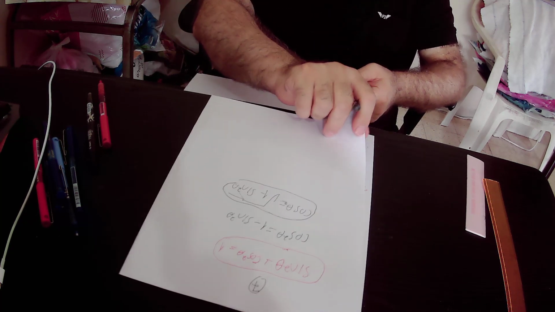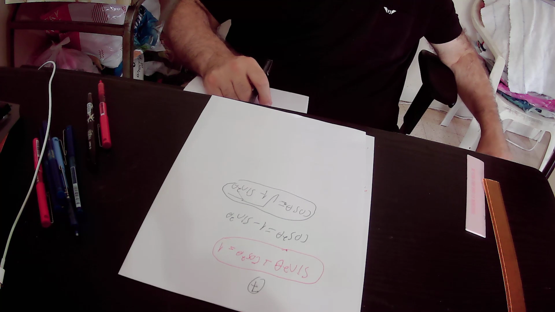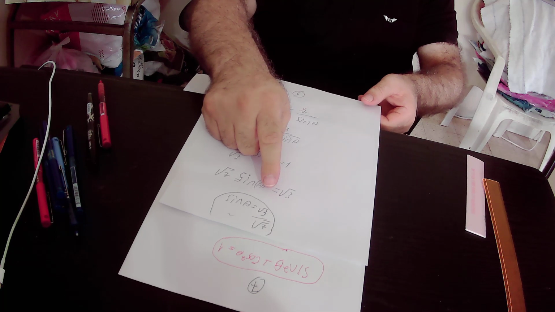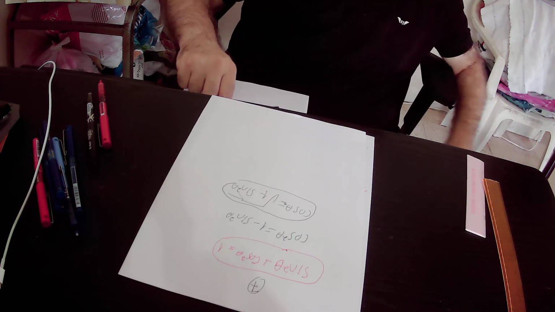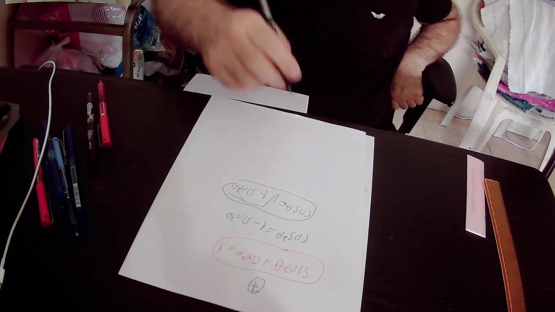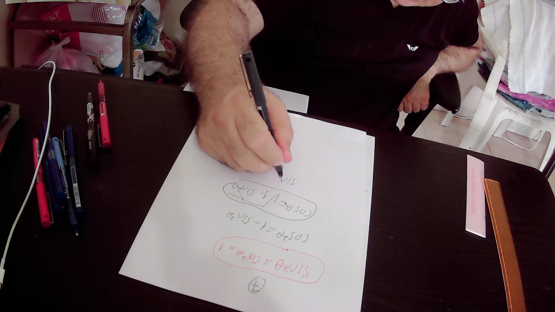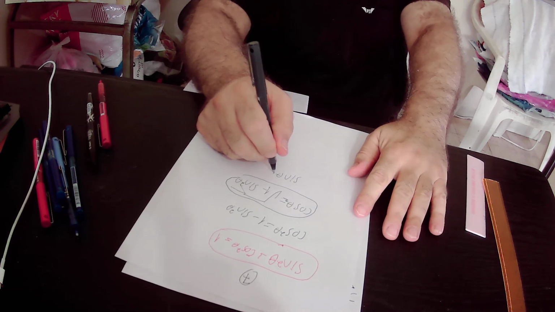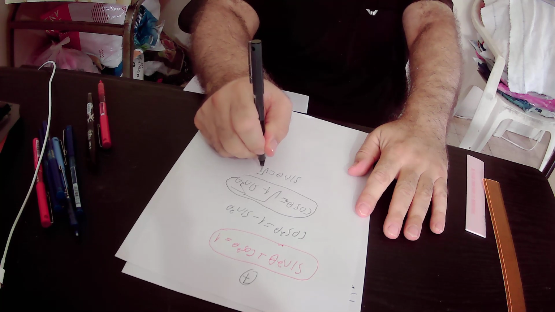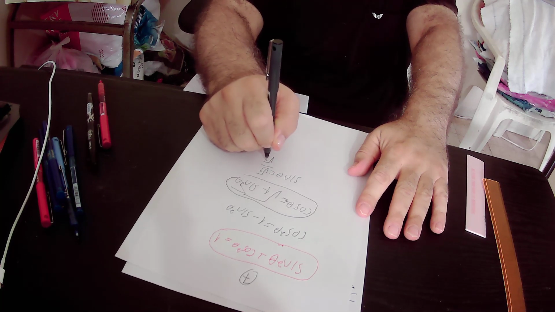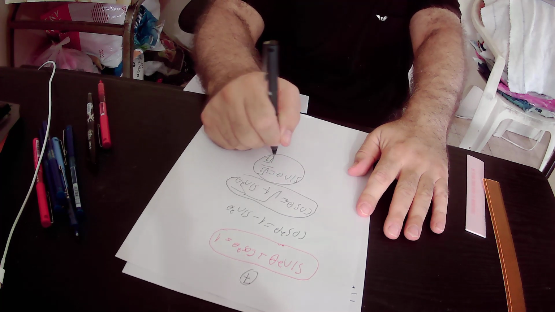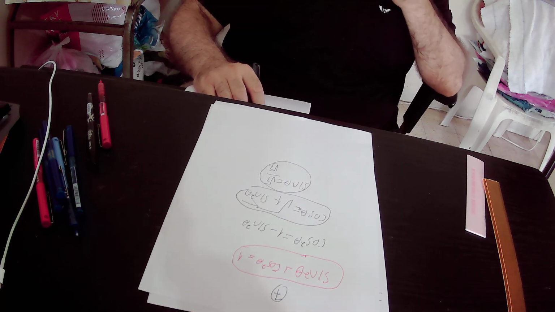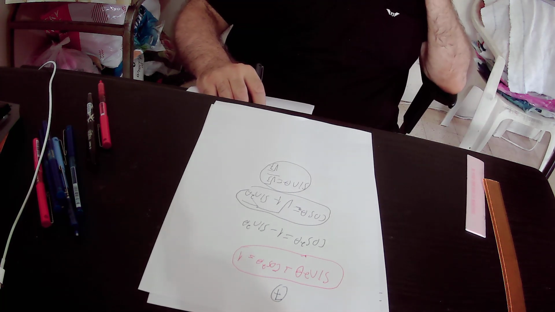Okay, but we have already found out the value of sine theta. We found out that sine theta equals root 3 over root 7. So we can write here that sine theta equals root 3 over root 7.